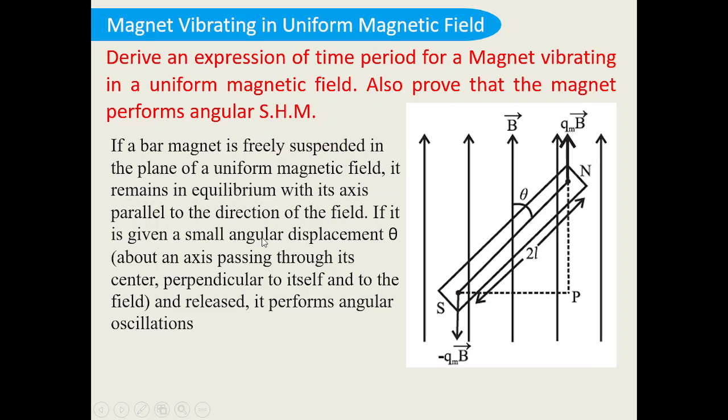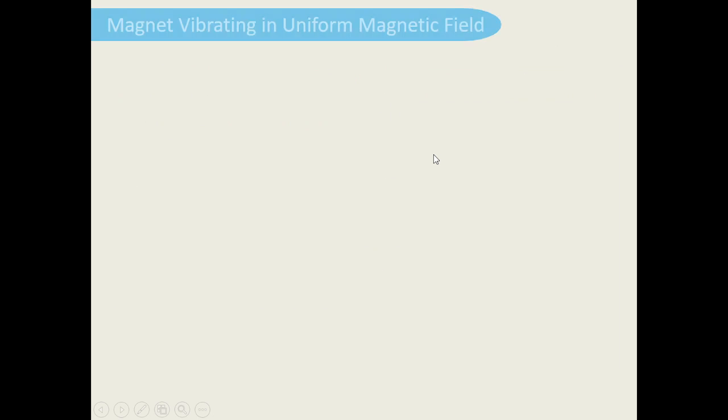If it is given a small angular displacement theta about an axis passing through its center, perpendicular to itself and to the field, and released, it will perform angular oscillation. So it is performing angular SHM. We will now derive the formula for the time period.